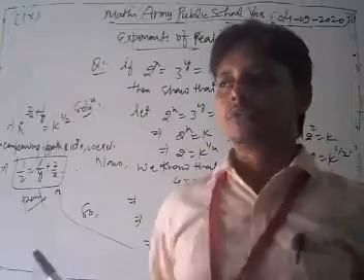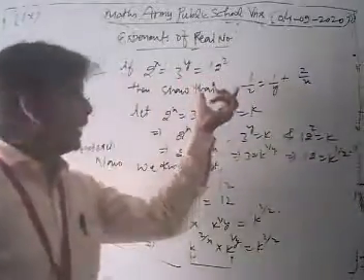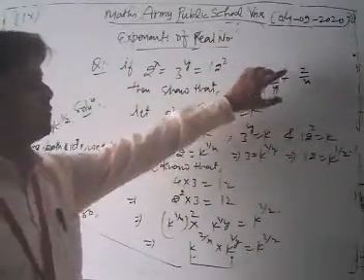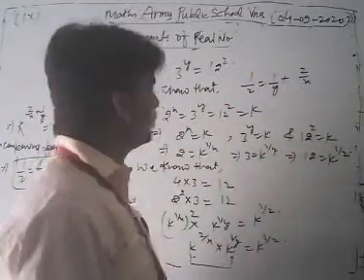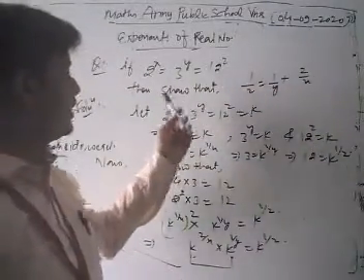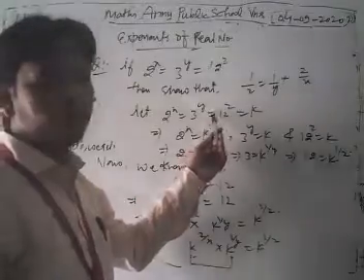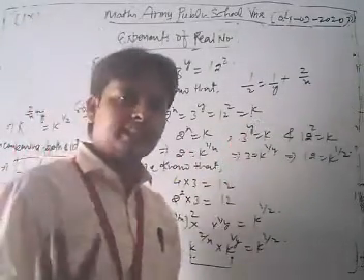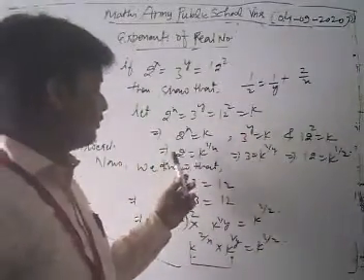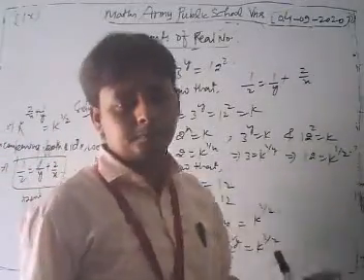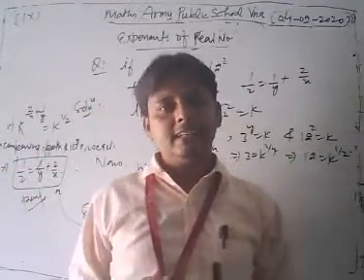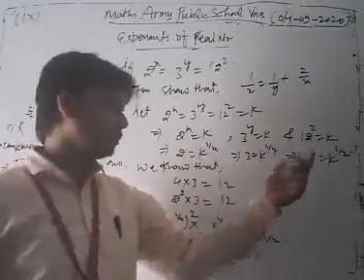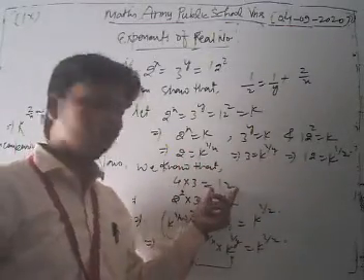Let's see once more time, dear students. This is the question here, and we have to show that 1 upon z is equal to 1 upon y plus 2 upon x. Now, for that type of question, first of all, we take 2 power x is equal to 3 power y is equal to 12 power z is equal to k. Now, in this way, we find the value of 2, 3 and 12, and we can write the relation 4 into 3 is equal to 12.